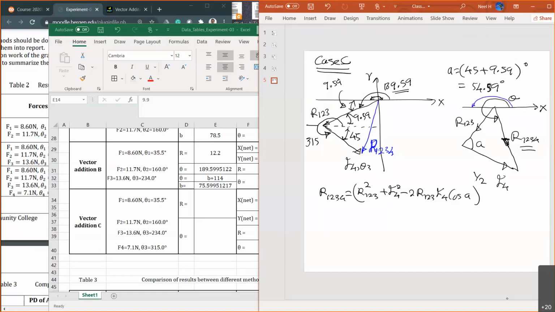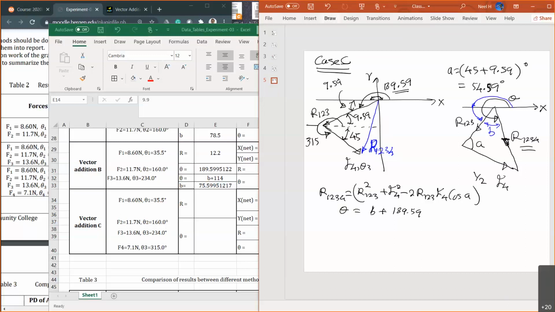Here to this part is 180, and then all the way to this, we already know 189.59. So technically I just need to find this angle. So let's say that angle is B. If I know B, then you can say angle theta is equal to B plus 189.59. So all you need to find is the B.